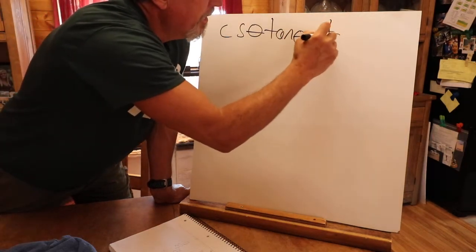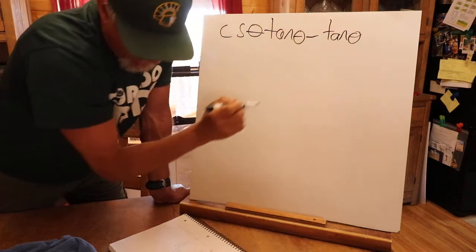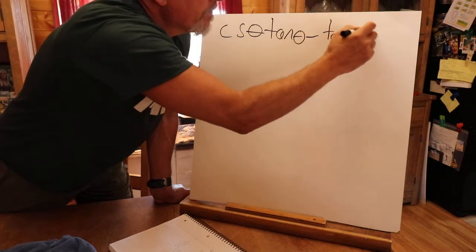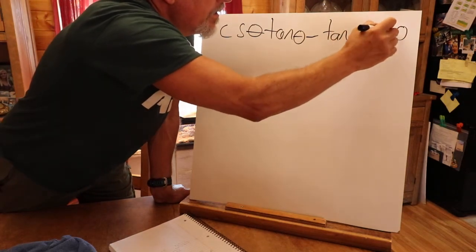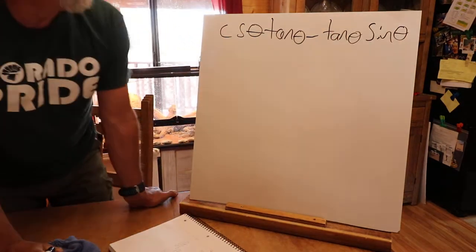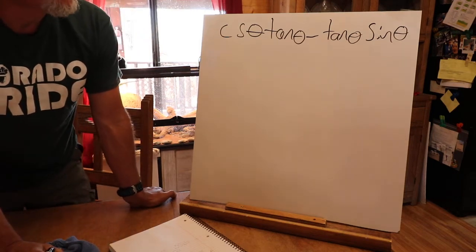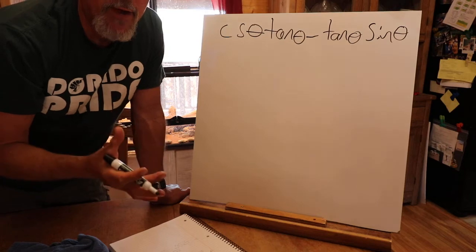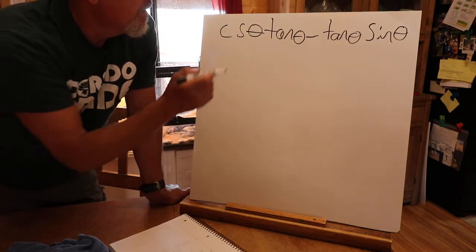Minus tangent of theta and sine theta. So with this problem, there's really not much I can do except change it to sines and cosines and then start looking for identities that'll help me simplify it.